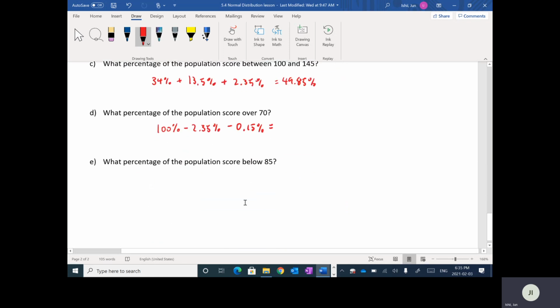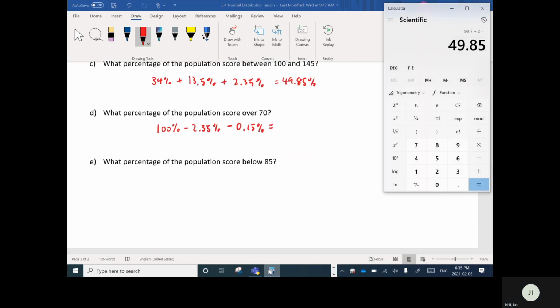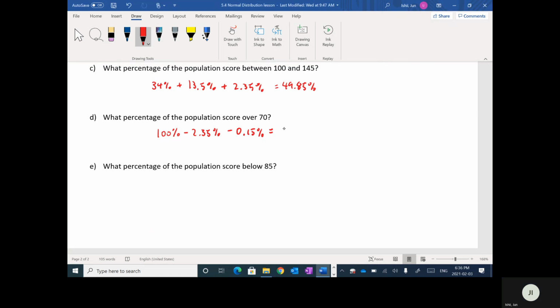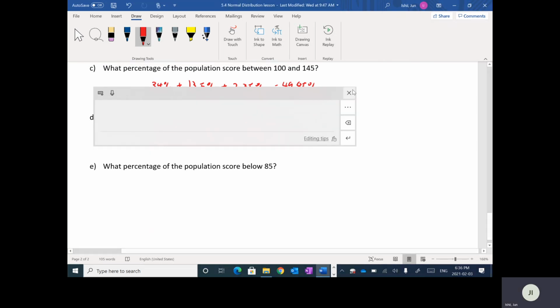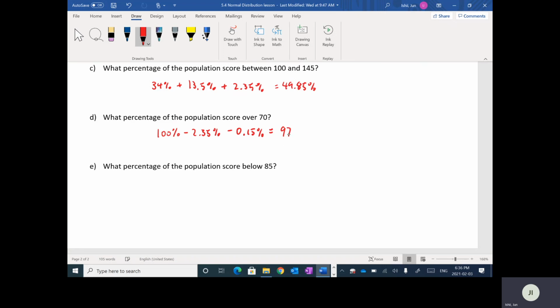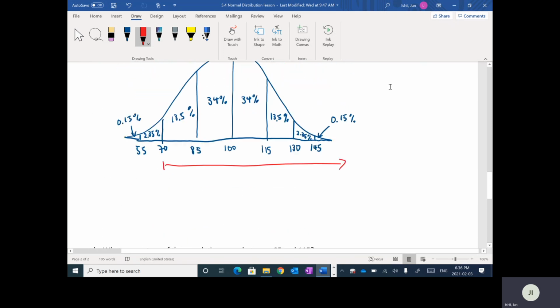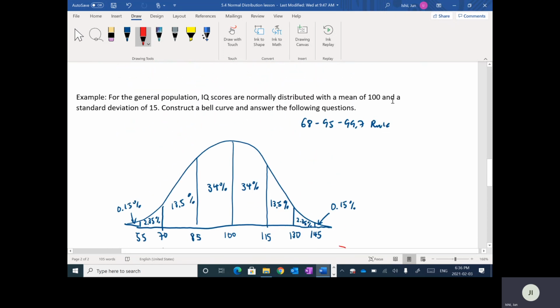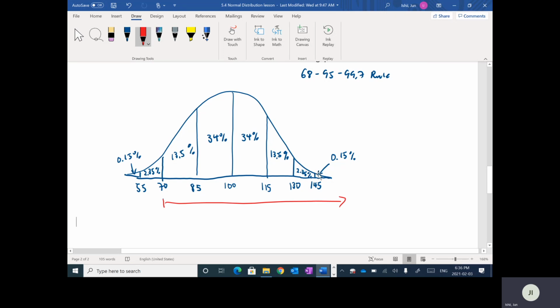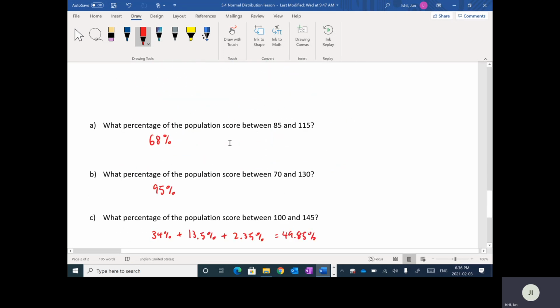Let's do that. 100 minus 2.35 minus 0.15. We have 97.5%. 97.5% would be your answer. And I can almost promise you that you could also add these up together. You're still going to get the same answer.